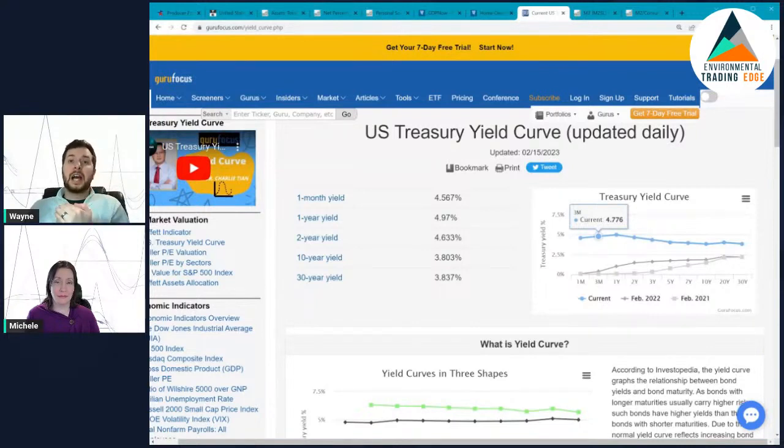So that's what we had a lot of last year. And we still have some of it now, right? You can see earnings are contracting. You can see revenues are slowing, right?